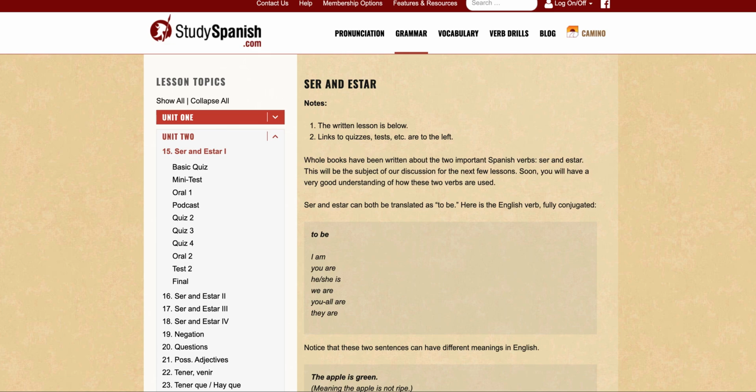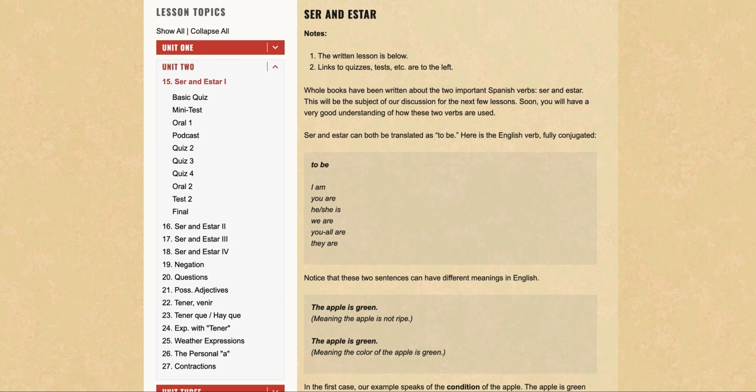This is going to be another recap on lesson 15, part 1, Ser and Estar. We're just trying to capture the important points so that we can take the basic quiz.